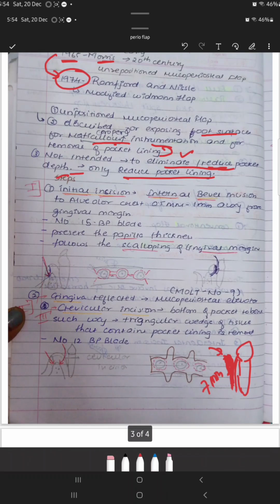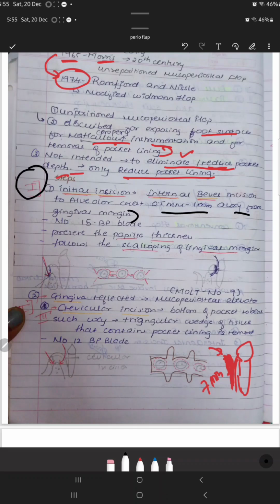The first step is the initial incision, that is the internal bevel incision. The internal bevel incision is to the alveolar crest. It is 0.5 to 1 mm away from the gingival margin. It is given with a number 15 BP blade. It preserves the papilla thickness and follows the scalloping of the gingival margin.